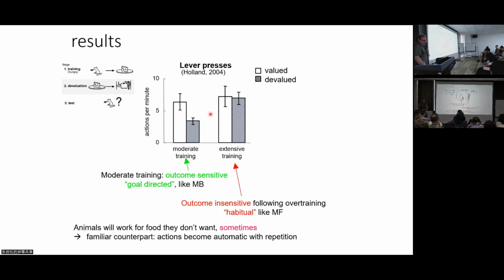On the other hand, if you have overtrained animals, so maybe 20 sessions of training in the first step, then what you see is the animals who don't want the cheese lever press just as much as the animals who do. So they become insensitive to outcome evaluation.